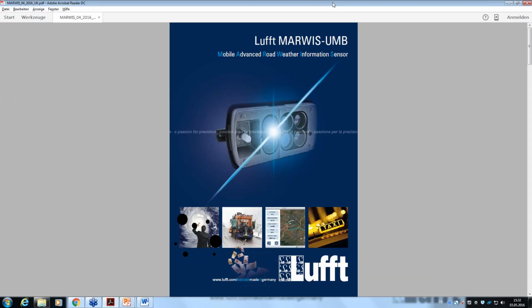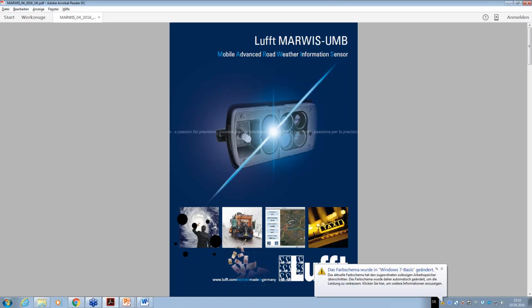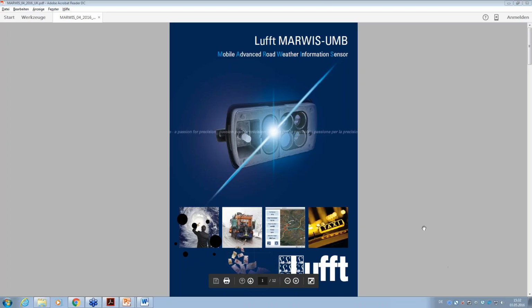So now we have decided to walk away from this technical part in our print literature. The MARWIS brochure has been redesigned now, and that is the first example of how we see additional value to all your activities in future by having complementary information in that print literature.